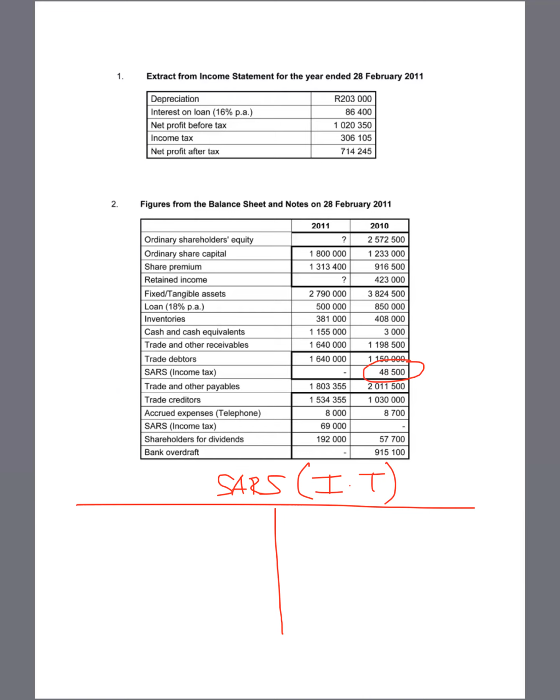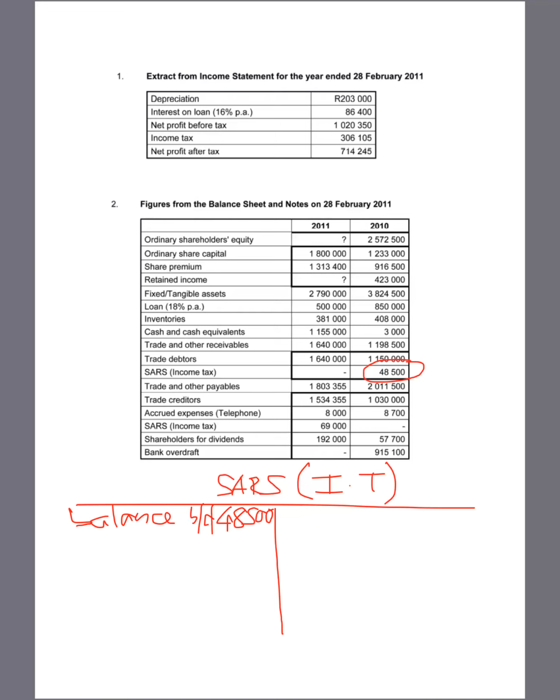So what does that mean? Does that mean I'm going to debit or credit my opening balance? We're going to debit it, right? So I'm going to say balance brought down of 48,500, right?